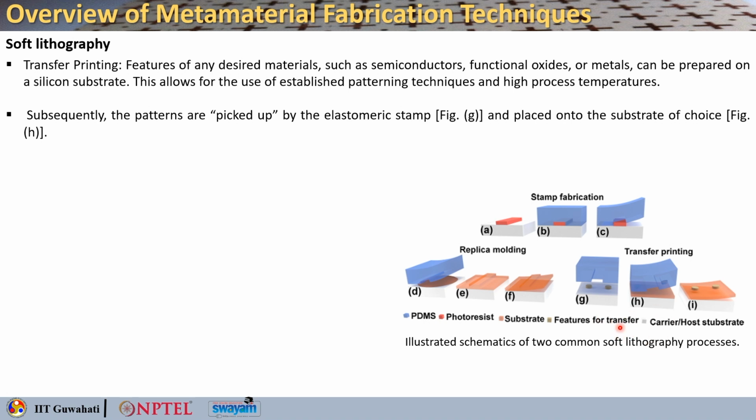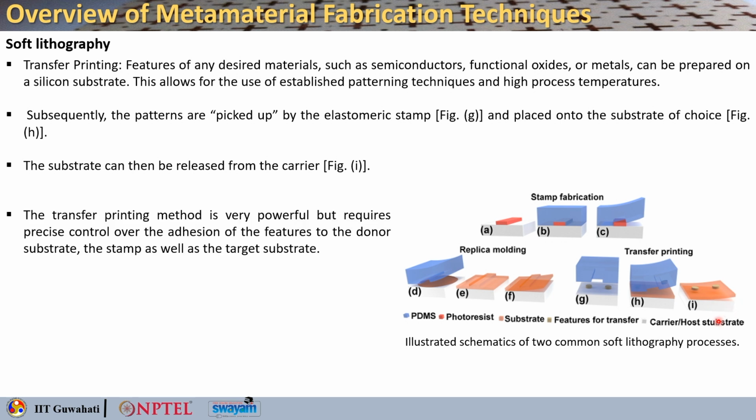Subsequently you can see the patterns are picked up by elastomeric stamps like this and placed onto the substrate of choice. Then the substrate can be released from the carrier. So, that is how the pattern gets transferred or printed.